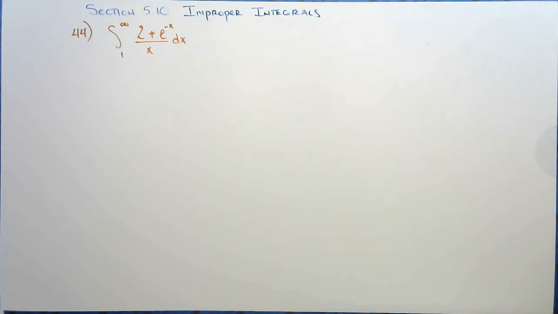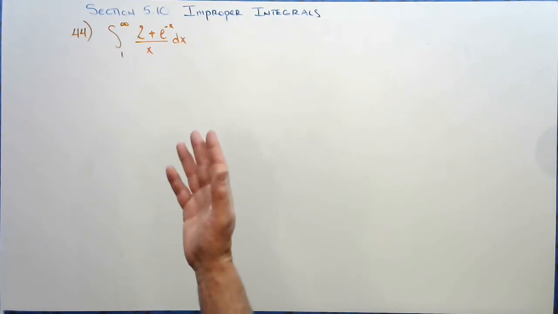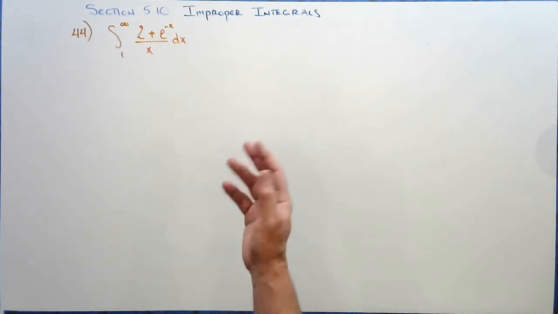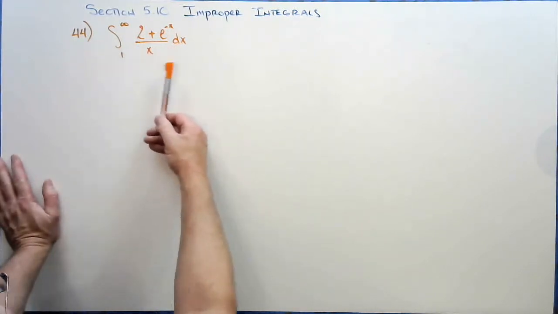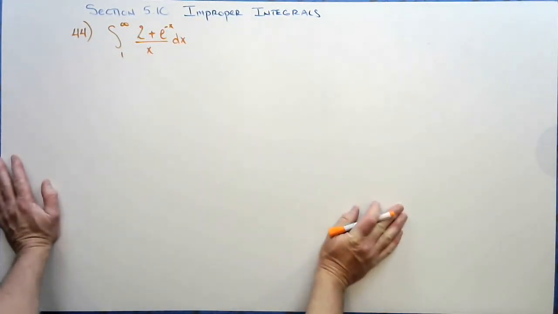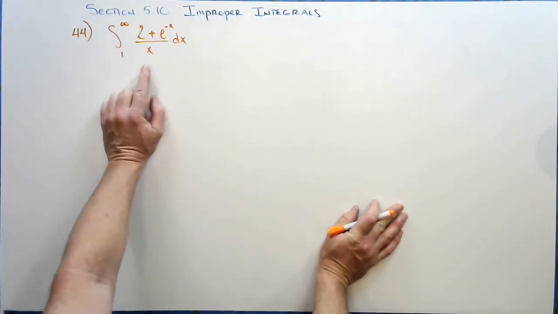Now, the comparison theorem requires a little bit of analysis on our part. We know this integral may converge, it may diverge. We also know that we don't know how to integrate it. This integrand that we have here, we can't integrate this. Nothing works. You can't do a u sub.